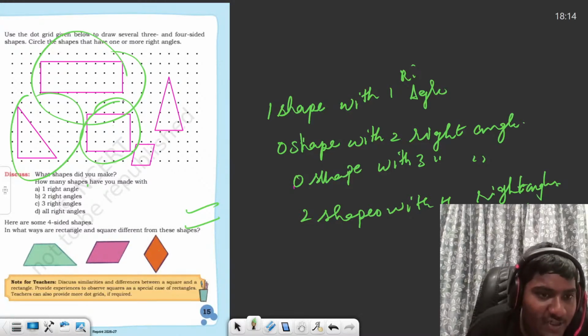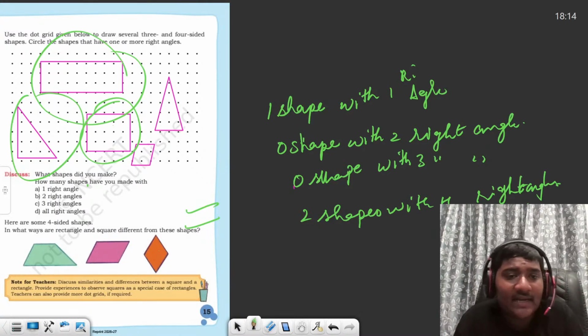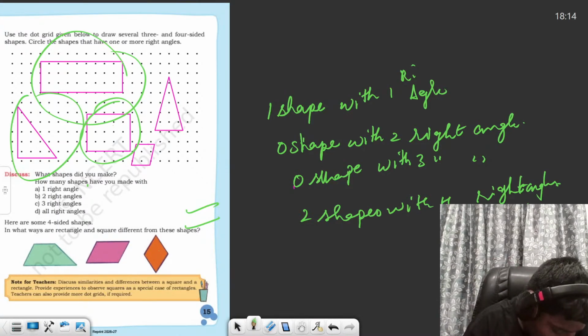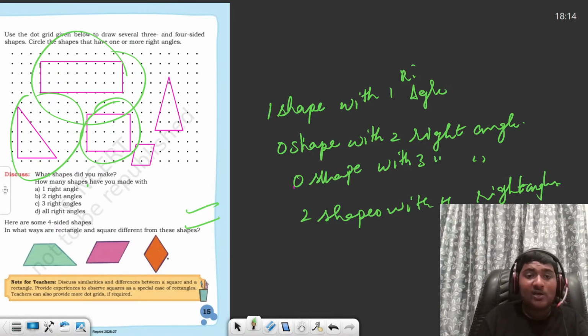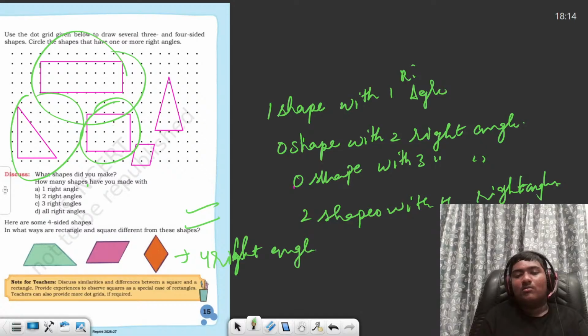Okay, here are four-sided shapes. In what ways are rectangles and squares different from these shapes? Rectangles and squares all have four right angles, children, while the other shapes have varying angles.